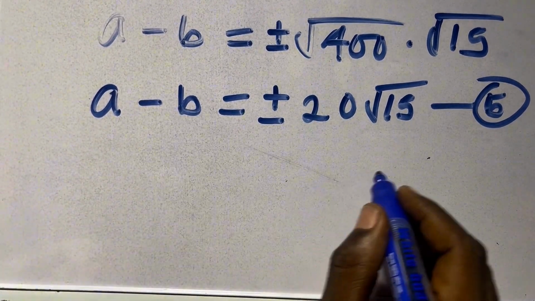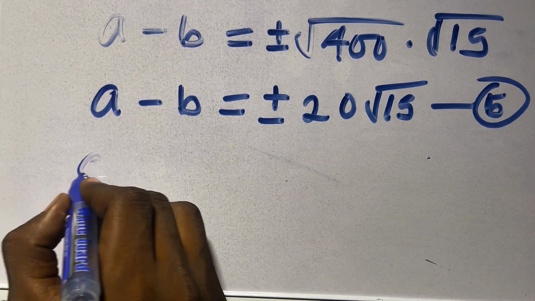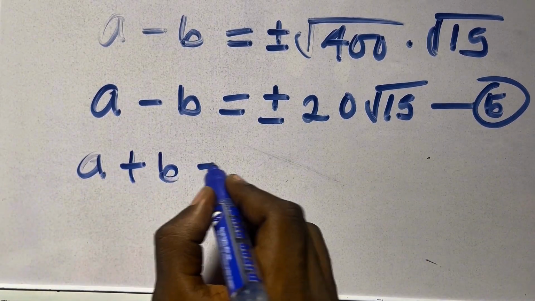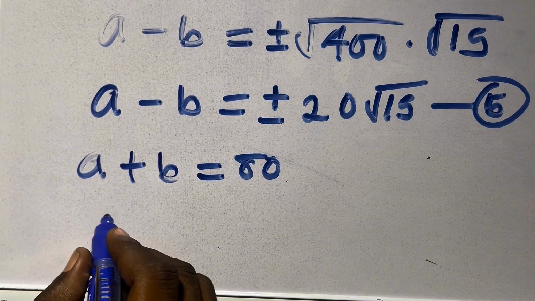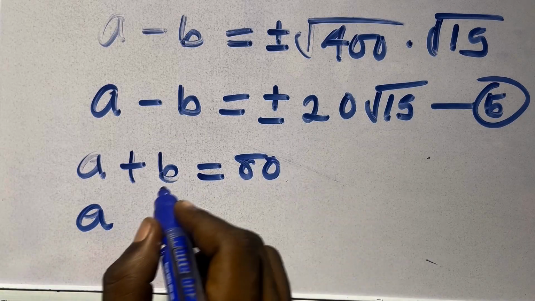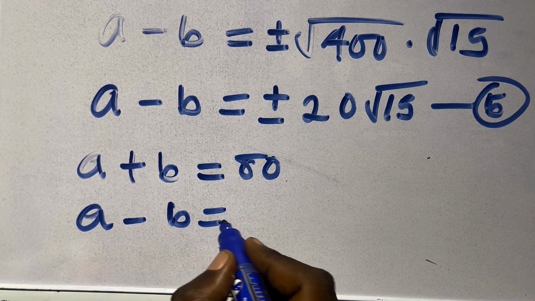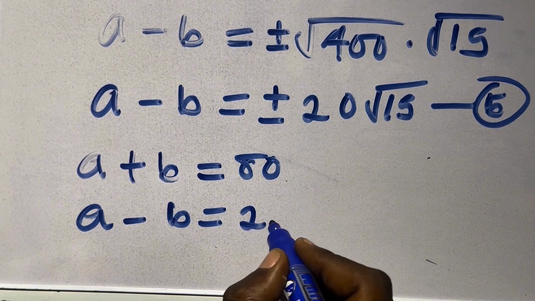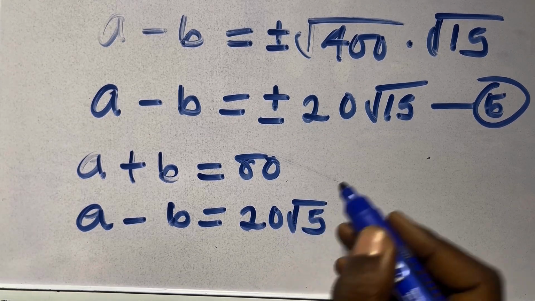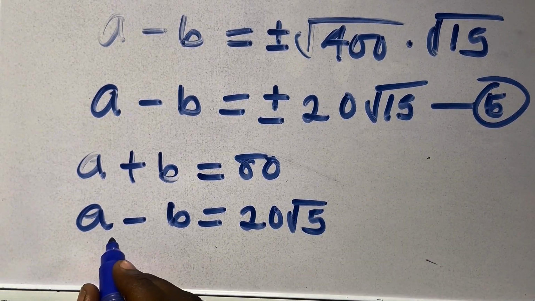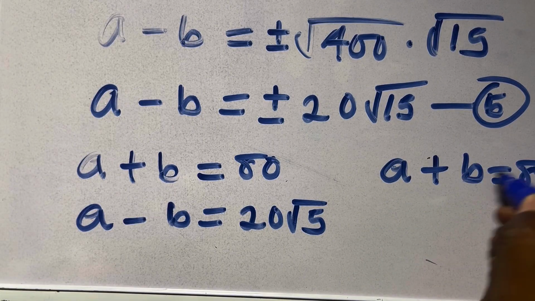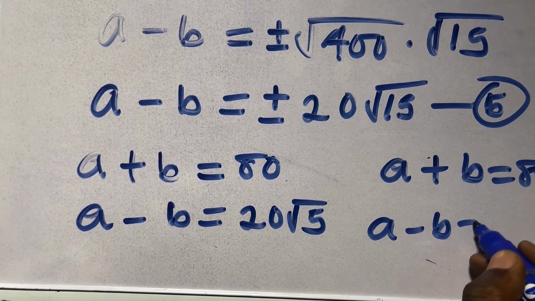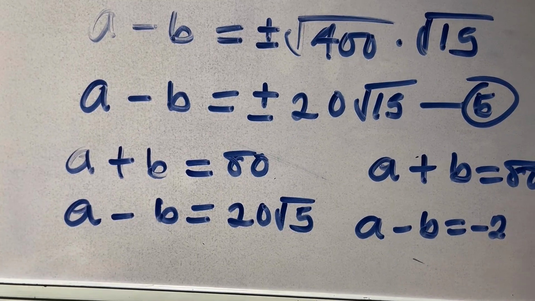However, let's add equation 3 and 5. Equation 3 says a plus b equals 80, and equation 5 gives a minus b equals 20 root 15. For the other one, we also have another value for a minus b: a plus b equals 80 and a minus b equals minus 20 root 15.